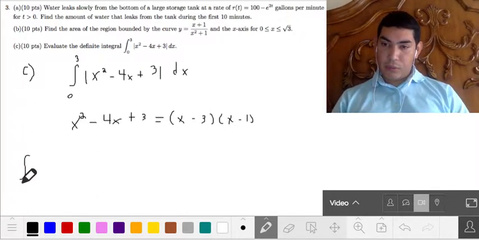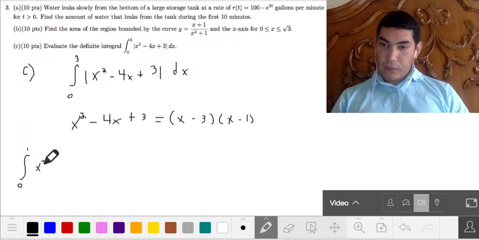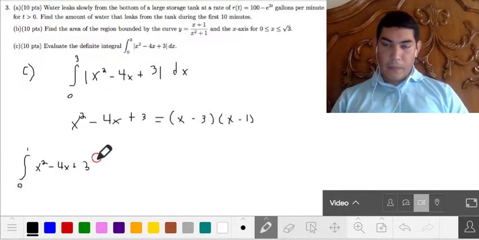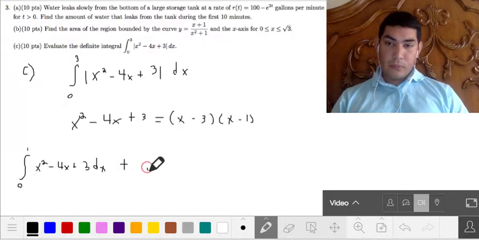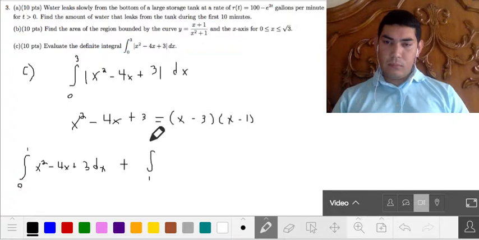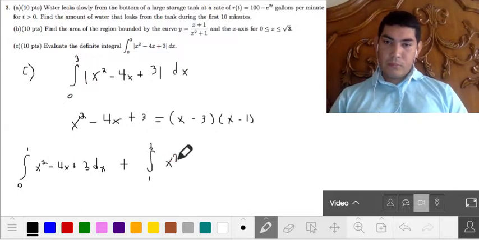We can have the integral between 0 to 1 of x squared minus 4x plus 3 dx, plus the integral between 1 and 3 of x squared minus 4x plus 3 dx, of course.